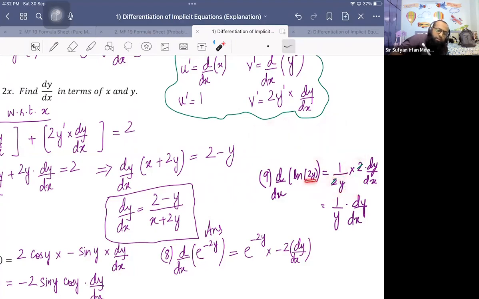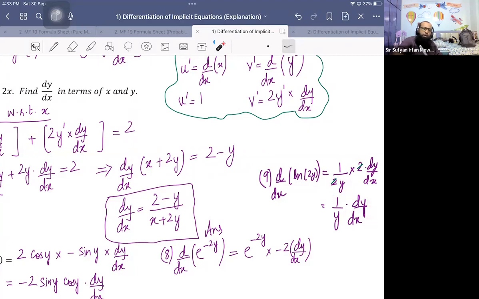So this is 2y, 2y will come in the denominator, and the differentiation of 2y is 2 times dy by dx. The differentiation of y is dy by dx with respect to x. The differentiation of 2y is 2 times dy by dx. So ln 2y is 1 upon 2y into 2 times dy by dx. Then 2 and 2 got cancelled, and we have got 1 upon y times dy by dx.